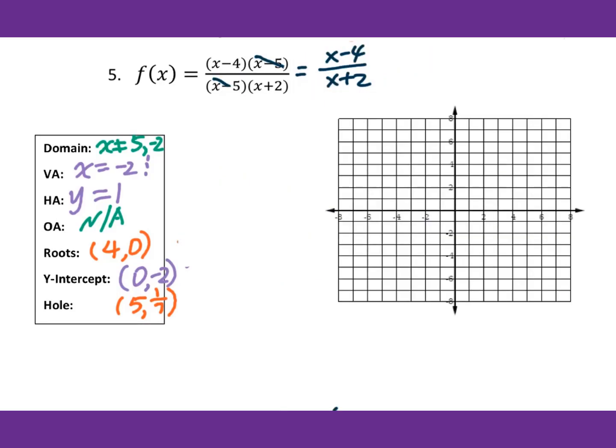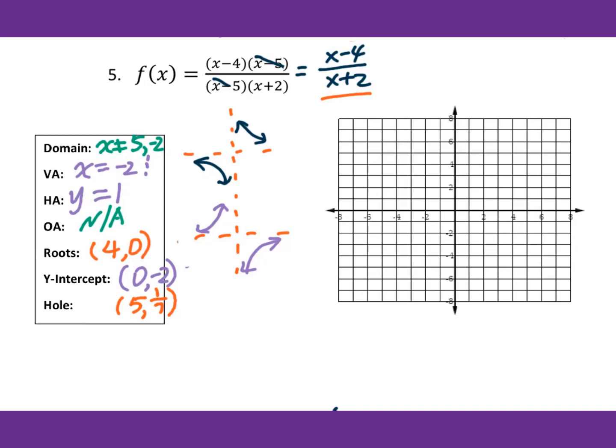For the simplified rational function, since this is a linear over linear, it will be one of these two graphs, either like this one or like this. Since these two are pretty easy to graph, we don't have to use a number line to predict.